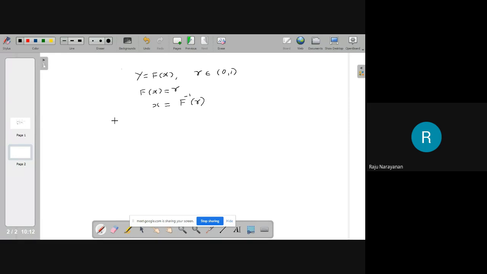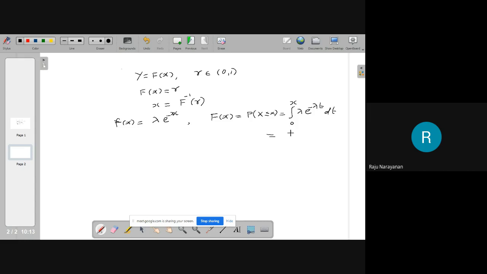Suppose you take f of x equal to lambda e raised to minus lambda x. Actually, this is available in base R. What is the distribution function F of x? F of x is the probability that X is less than or equal to x. Therefore, this is the integral from 0 to x of lambda e raised to minus lambda t dt.